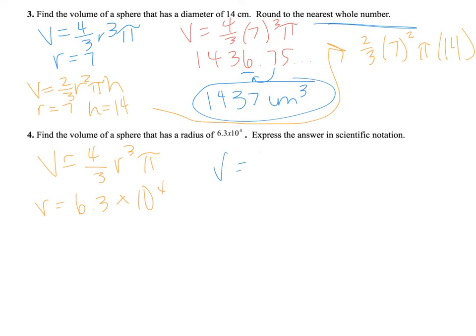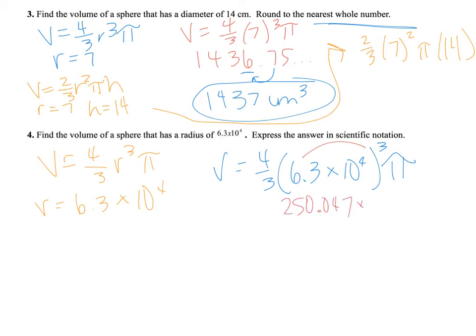So 4/3 times 6.3 times 10 to the 4th power cubed times pi. 6.3 cubed is the first thing we will do. 6.3 cubed is 250.047. And then when you do power of a power, you multiply those exponents, so it becomes 10 to the 12th power.